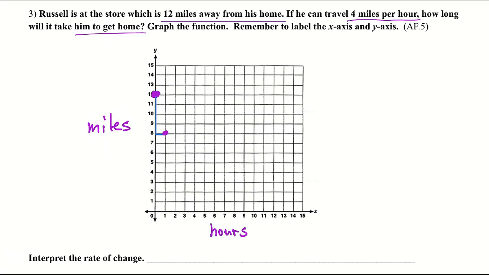So that would be his next position. And then he'll go 4 miles closer, 1, 2, 3, 4 every 1 hour. And then he'll go 4 miles closer every 1 hour. So this is what our line should look like. Maybe, if my pen will work.